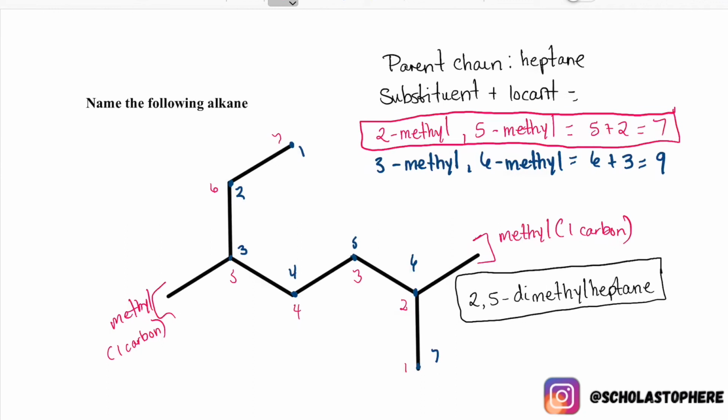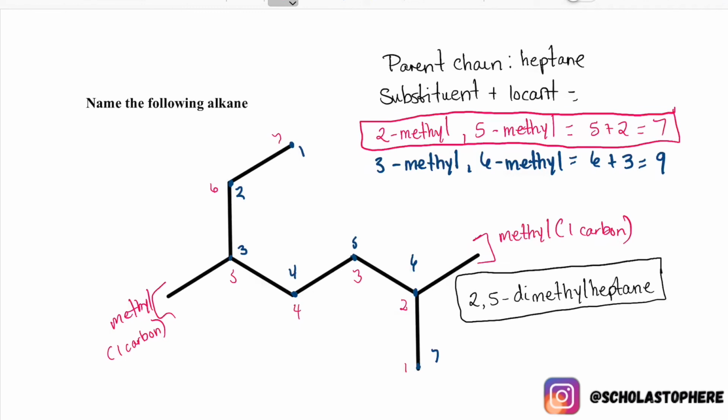Now, if we take the other pathway in blue, we have a methyl group at 3 and 6. So 3 plus 6 gives me 9. So when you add those together, whichever pathway gives you the lowest number, that is the correct numbering for the parent chain. So in this case, the red pathway, or the substituent groups located at 2 and 5, give us the lowest combination. So that is the correct pathway for this problem.